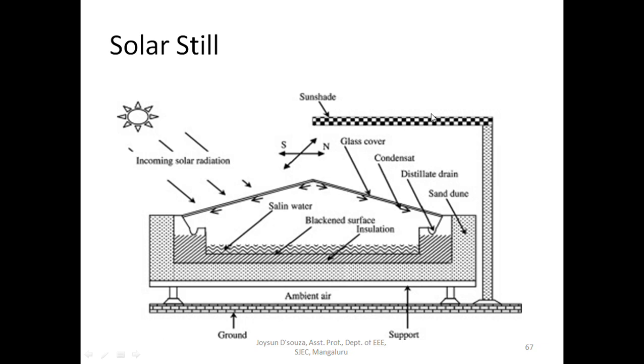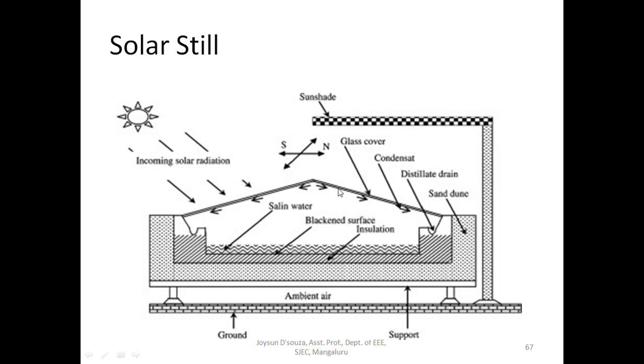This much portion is a sunshade. That means cooling will take place here. The steam, the water vapor, gets converted to water due to the coolness provided by the sunshade, and it falls over here into the distillate drain.